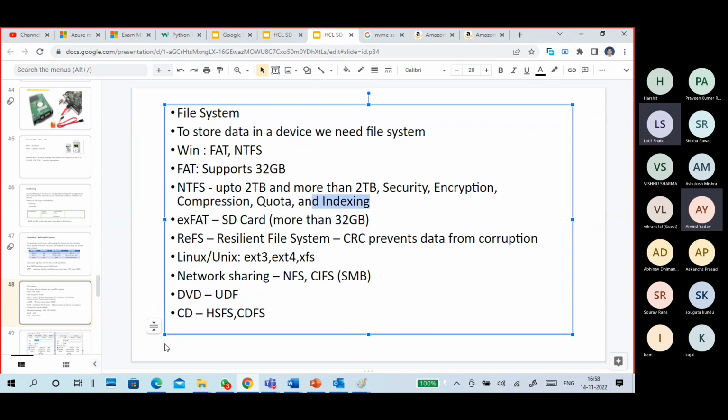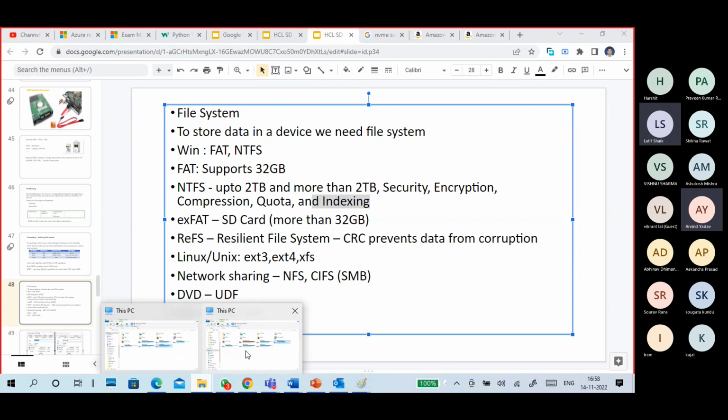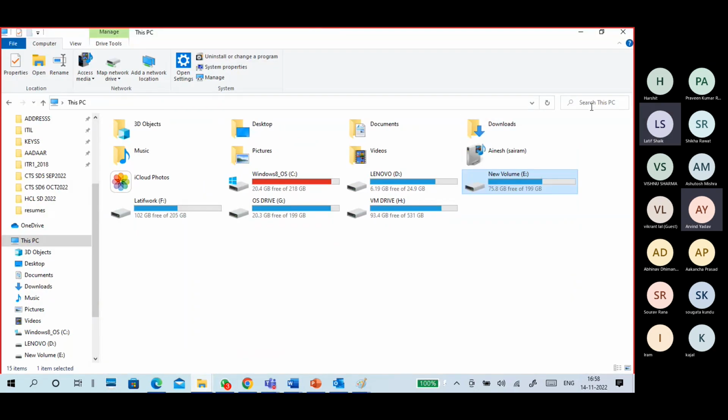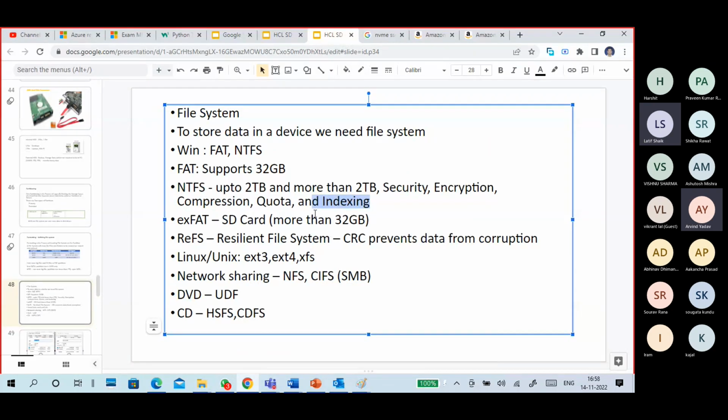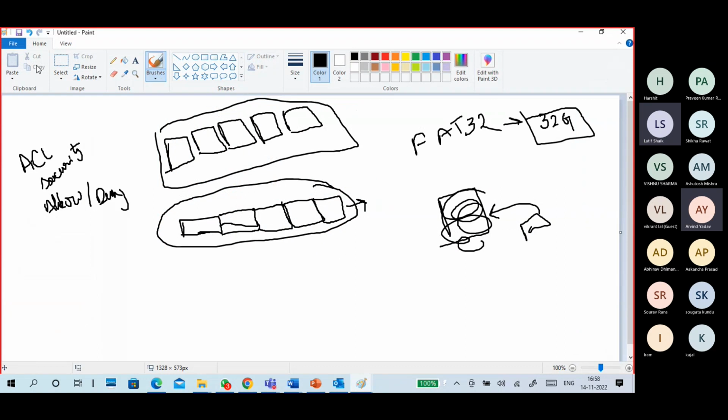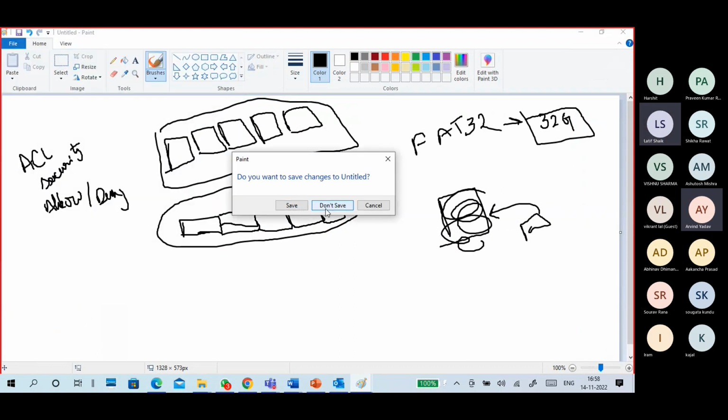Indexing, we can search the file, right? Here you can search for a file and we get very fast results because the data is indexed. Last one is quota. It is not just quota, it is disk quota.